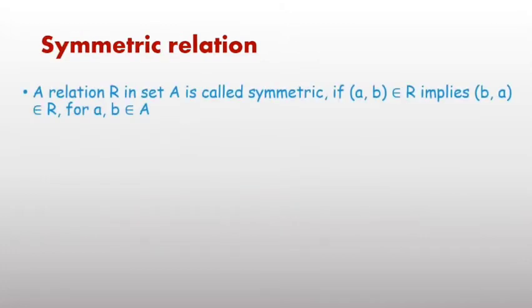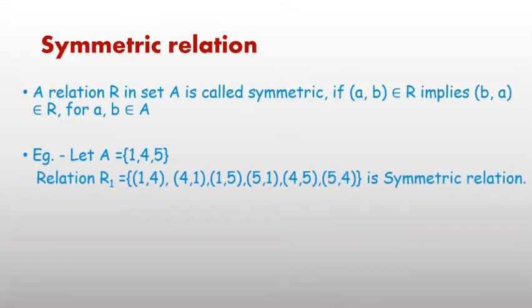Next one is symmetric relation. A relation R in set A is called symmetric if (a, b) belongs to R implies (b, a) also belongs to R for a and b belongs in A. Again, same example.